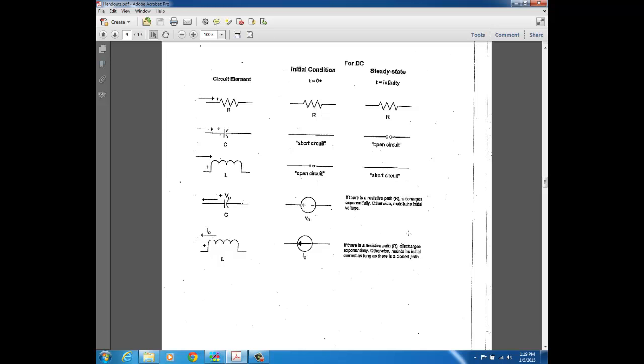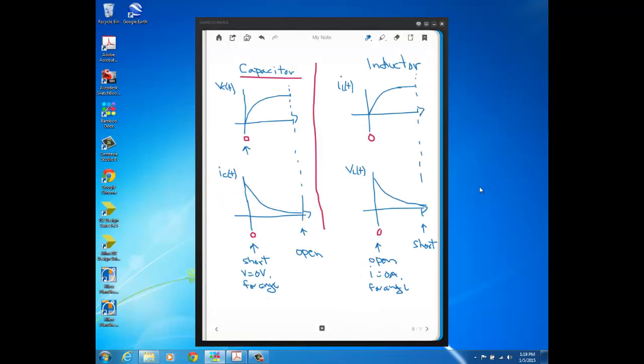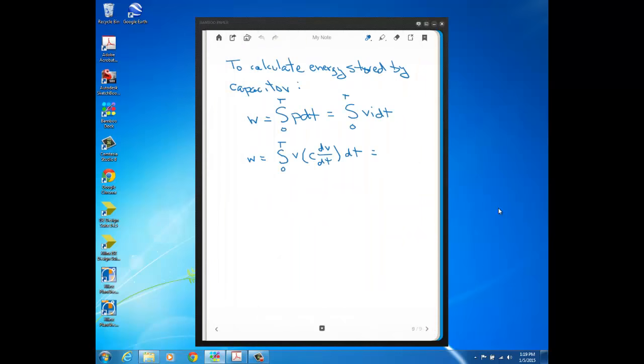Alright, so that covers initial conditions and steady state conditions for our storage elements. Let's now see how we would calculate the stored energy, how many joules our storage elements were storing. If we look at stored energy for a capacitor, first of all, this expression here is just our basic expression relating energy to power.